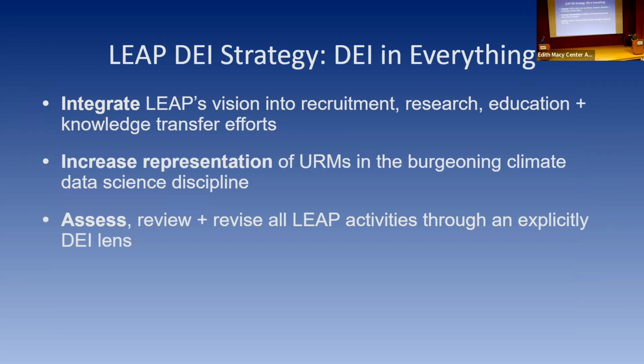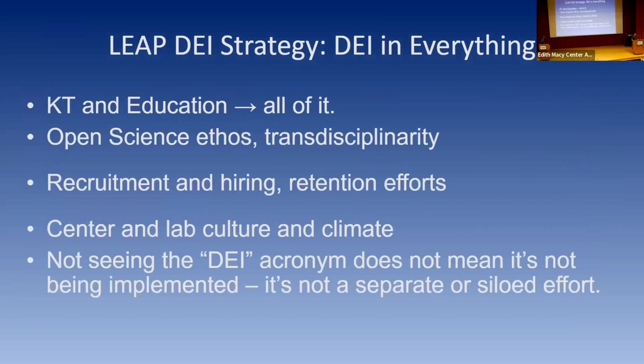We're focused on increasing representation of underrepresented minorities in this burgeoning discipline. And we also are committed to assessing, reviewing, and revising our activities related to this explicitly through a DEI lens. So we're thinking about DEI in everything. So knowledge transfer, education, everything that was talked about related to those activities are filtered through a lens of DEI.